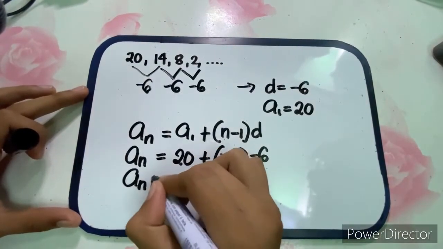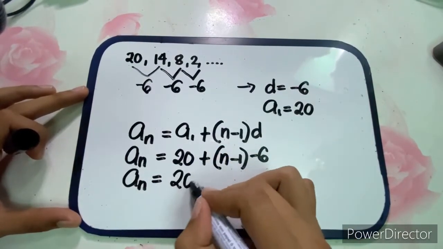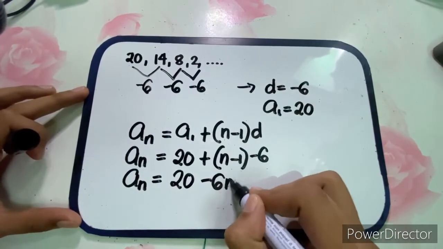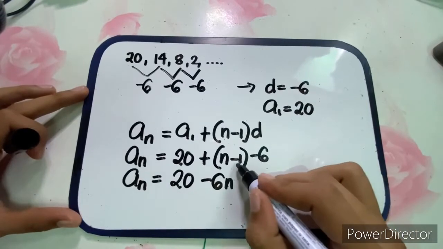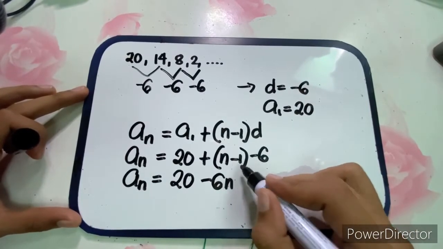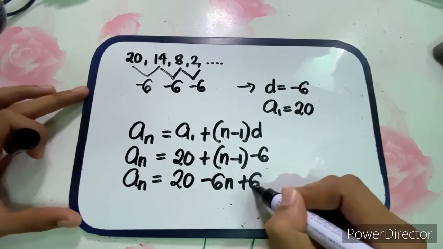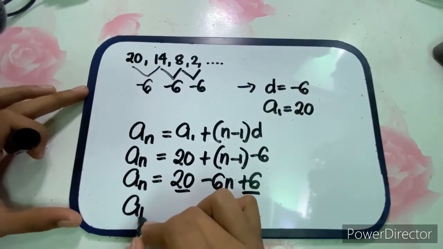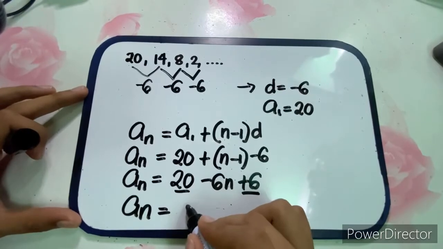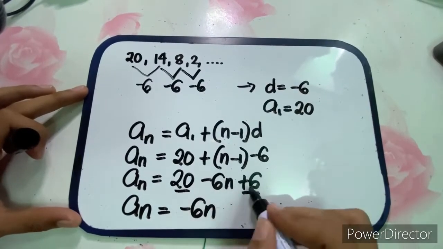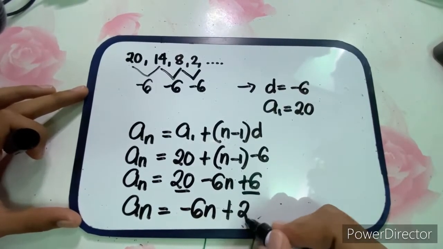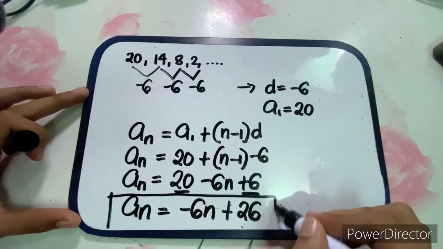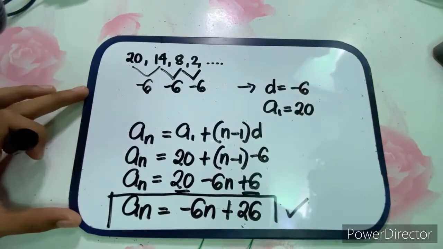So a sub n is equal to 20, negative 6 times n is negative 6n. Negative 6 times minus 1 or negative 1, that is positive 6. So you can add this one. So a sub n is equal to negative 6n, 20 plus 6 is 26. So this is our explicit formula.